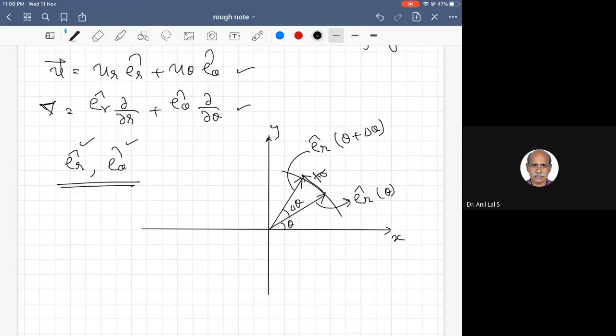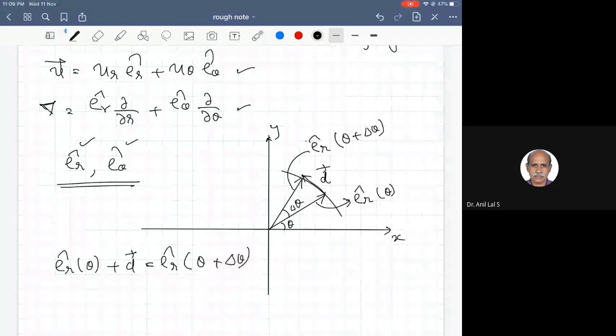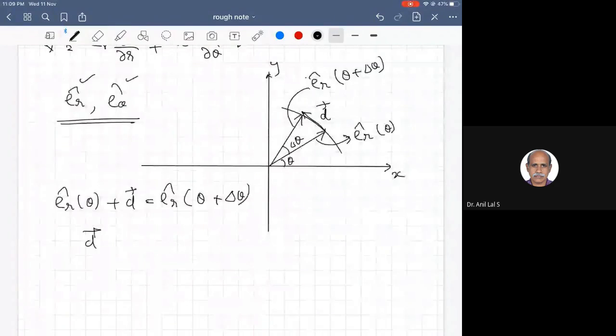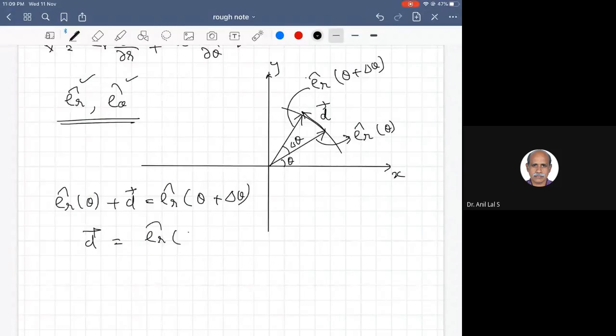Because you can draw a difference vector, d vector, mathematically I can write er of theta plus this d vector is equal to er of theta plus delta theta. So this difference is er of theta plus delta theta minus er of theta.